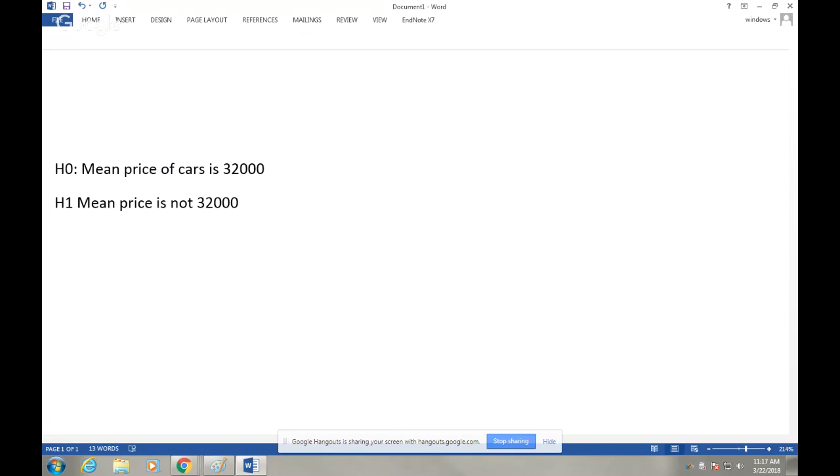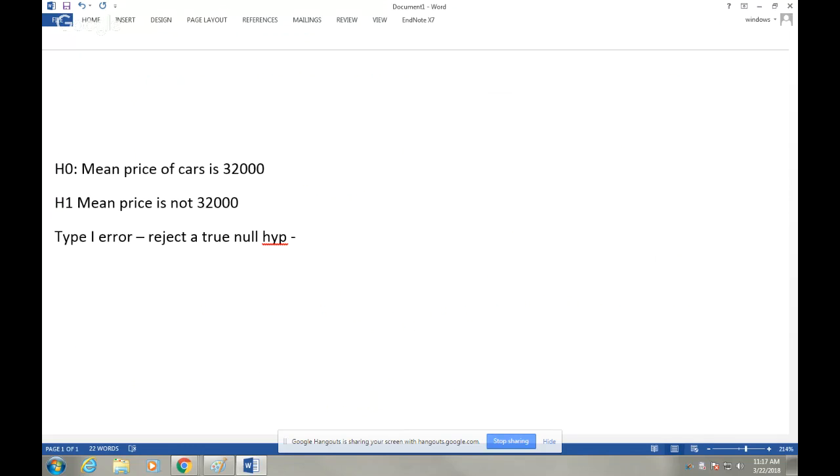So our type 1 error. Okay, and so the first thing we think of, okay, what does that mean? Rejecting a true null hypothesis. Rejecting the null hypothesis even though it is true.